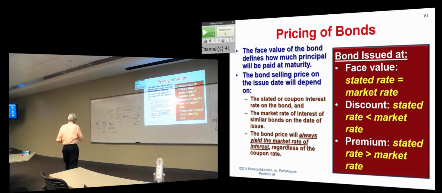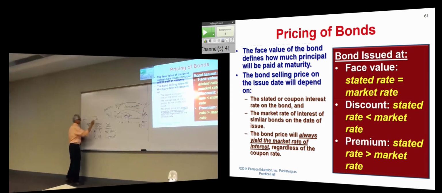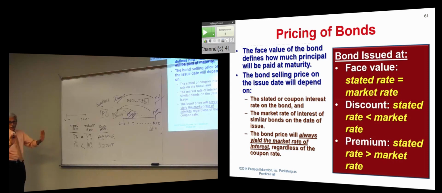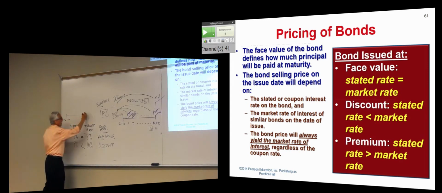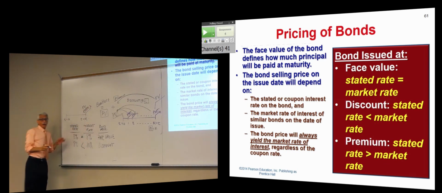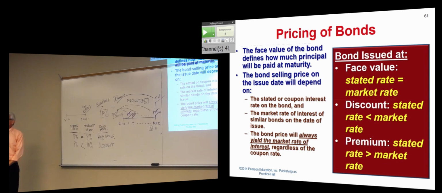So for example, let's just assume, and forget about the coupon interest, I'm going to have to pay back at maturity $1,000.